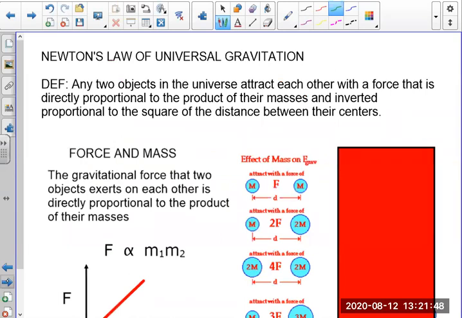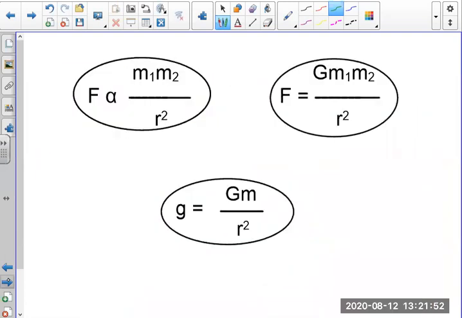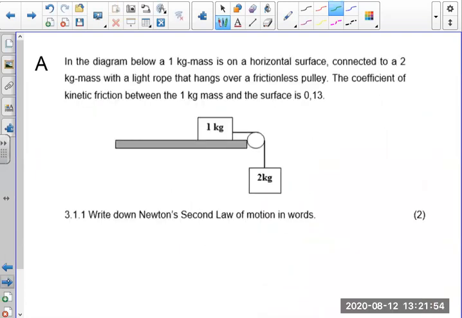It's a lot of theory, so I have a few minutes left, and I'm going to skip Newton's law of gravitation for now and look at a previous grade 11 paper that I have here. Question 1: in the diagram below, a 1 kilogram mass is on a horizontal surface connected to a 2 kilogram mass with a light rope that hangs over a frictionless pulley.